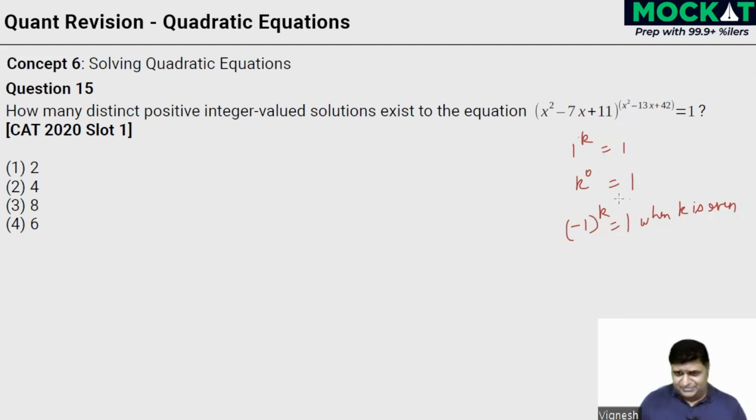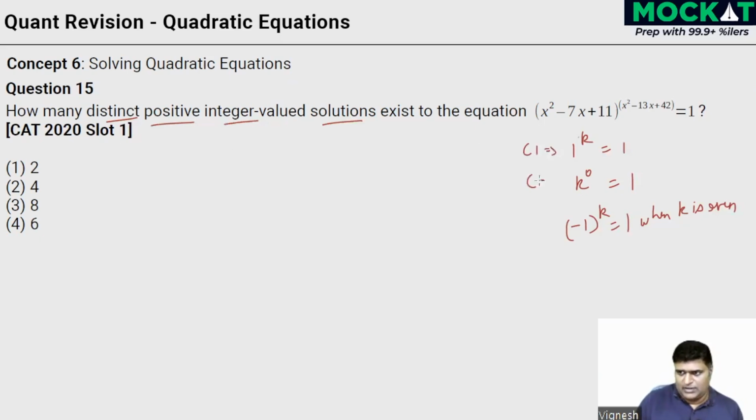We'll look at that. Now, the question asked over here is, how many distinct positive integer valued solutions exist for x. That's a very loaded question over here. Let's start with the base being equal to 1.